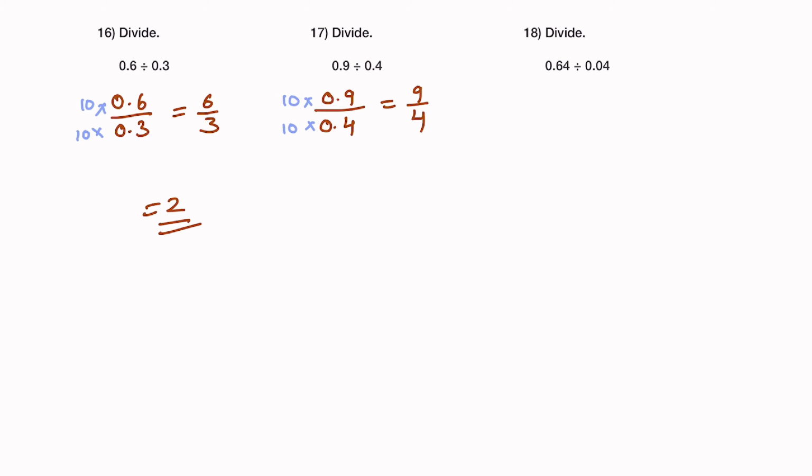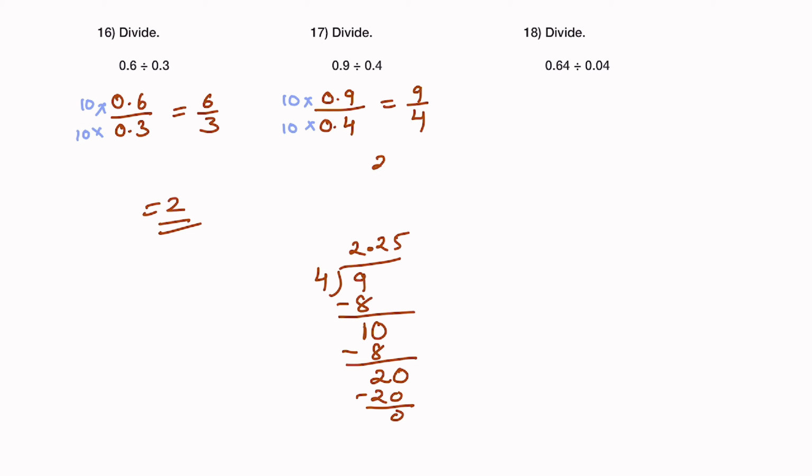So 9 divided by 4. Let's do it here. 9 divided by 4. That's twice is 8. 1 remainder. We have nothing there, so we put 0 and a decimal there. 4 times 2 is 8. So that's 2. We will put one more 0 here, and 4 times 5 is 20. So the answer is 2.25.